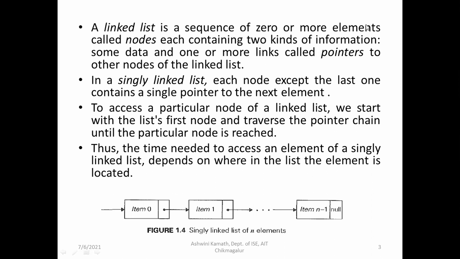Like that, if you want to access the nth element, that is item n minus 1, you have to get the address from the previous node.